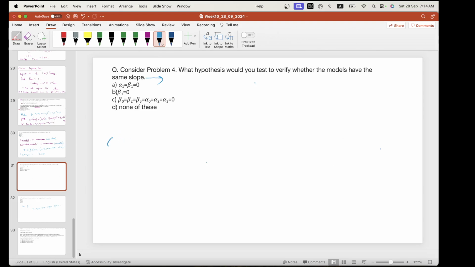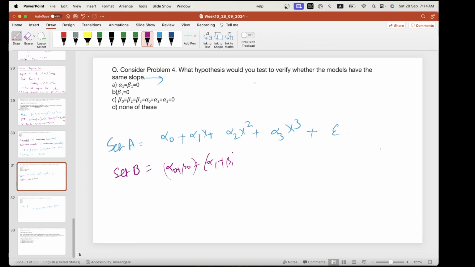So here we have set A as alpha naught plus alpha 1 x plus alpha 2 x square plus alpha 3 x cube plus epsilon. Okay, and set B is actually alpha naught plus beta naught plus alpha 1 plus beta 1 x plus alpha 2 plus beta 2 x square plus alpha 3 plus beta 3 x cube plus epsilon.